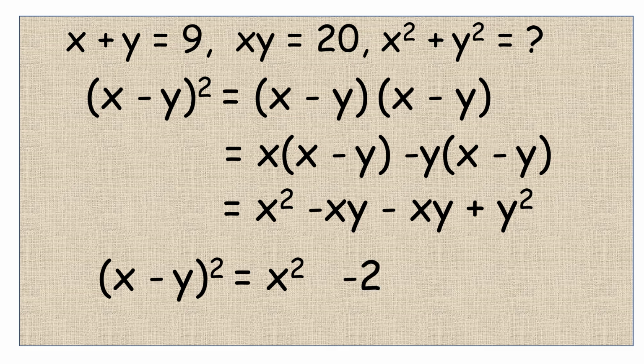Now what we can do to finish up is to simplify. You have a minus xy here and a minus xy. You have a minus apple and a minus apple.